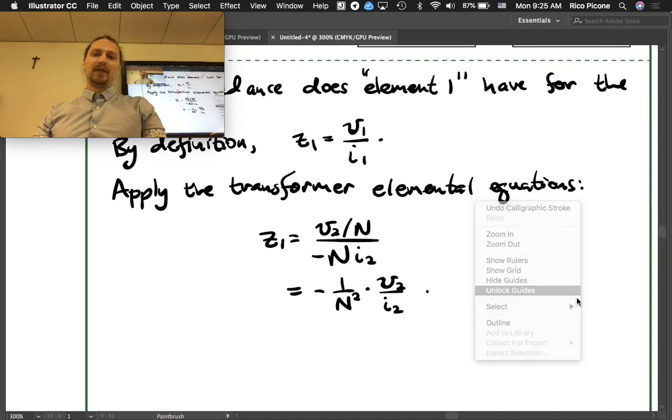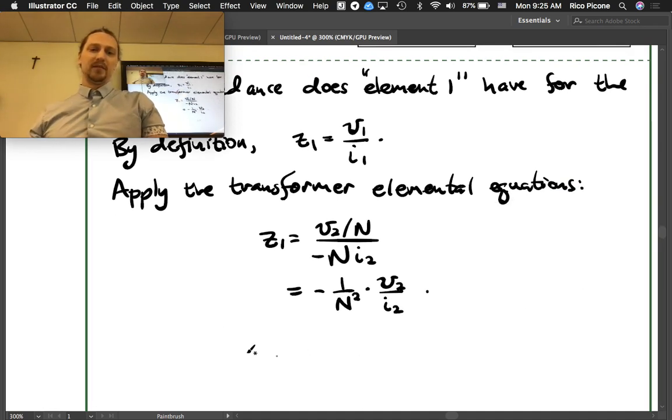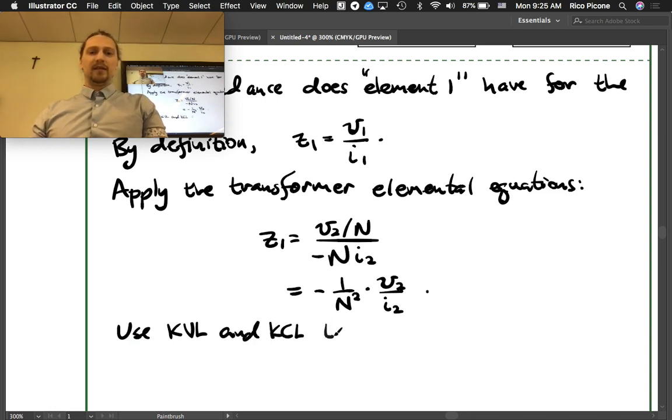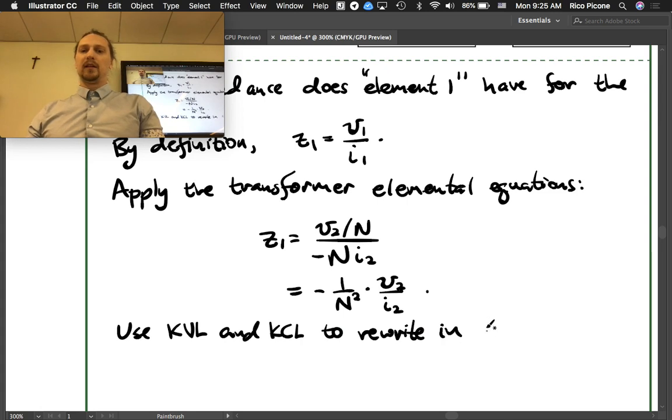Let's use KVL and KCL to rewrite in terms of VL and IL.